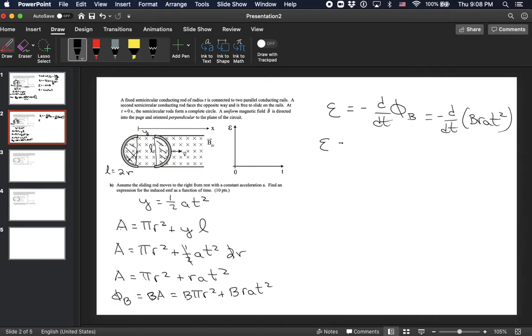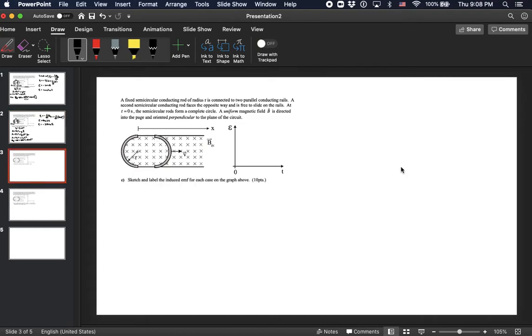I can pull out the constants B, r, a, and I'm really just taking the derivative of t squared, which gives me 2t. And I forgot the negative. So my induced EMF is equal to a negative 2Brat. So that's my part B.